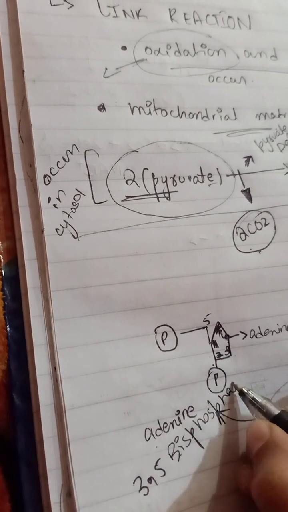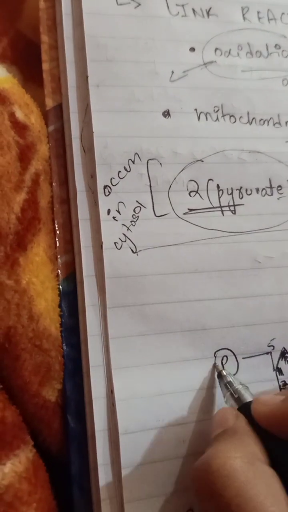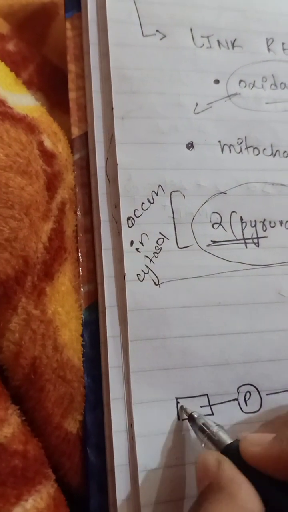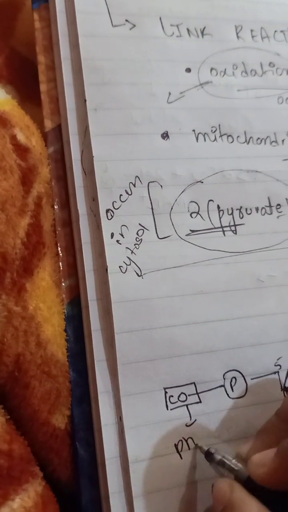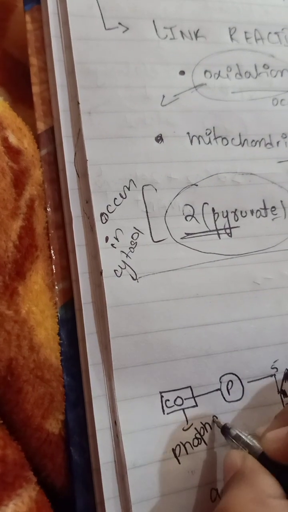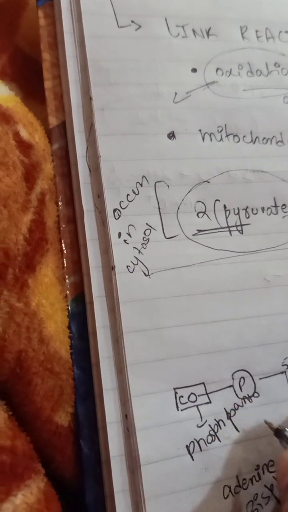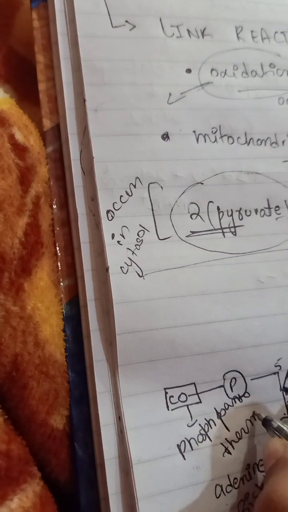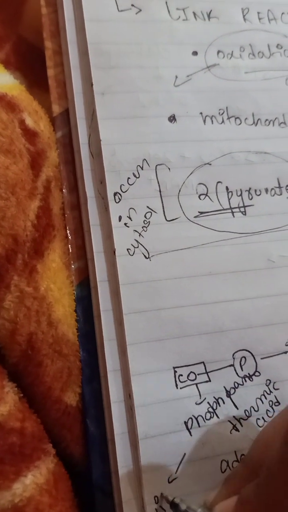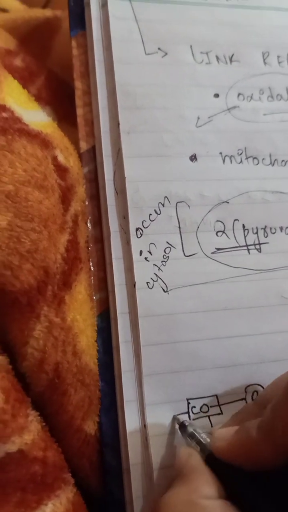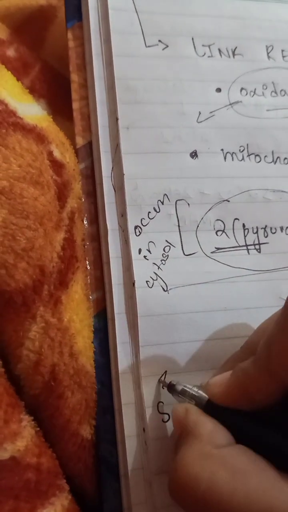After that, with the phosphate we have a coenzyme part called phosphopantothenic acid. This is basically vitamin B5. With that we also have sulfur attached.